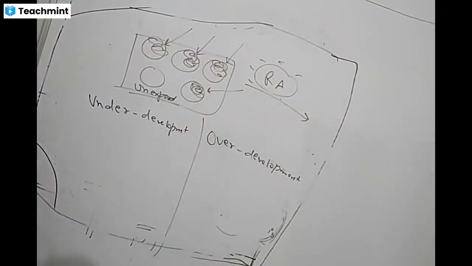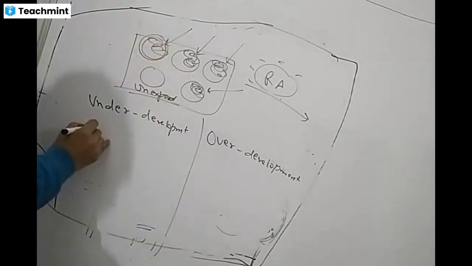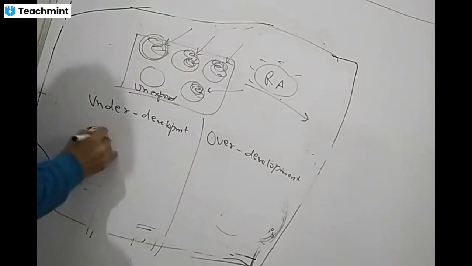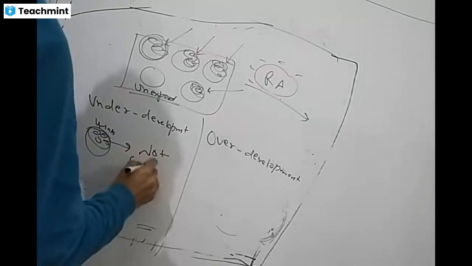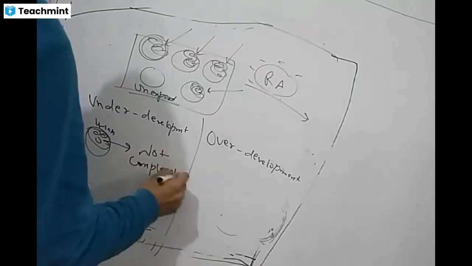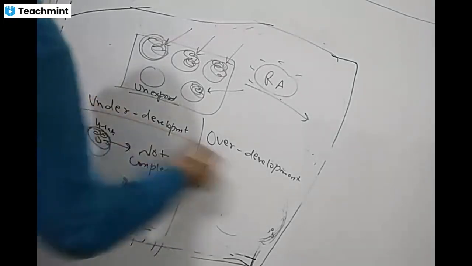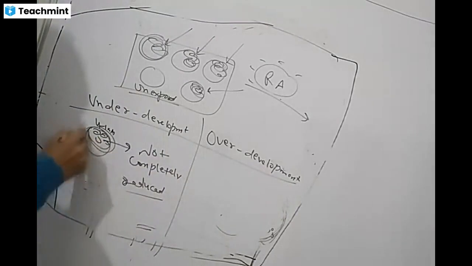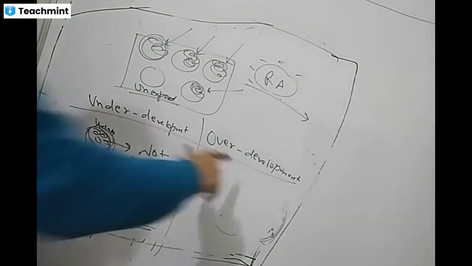Then what is under development? Under development means this is your exposed crystal, having 4 to 10 reduced silver already. It is not completely reduced. This is the under development, means all the Ag+ are not reduced. What is overdevelopment?